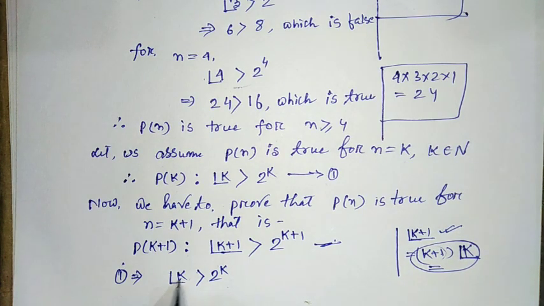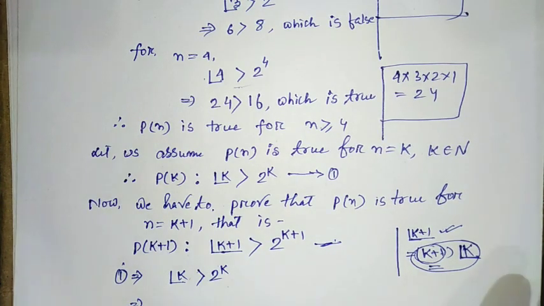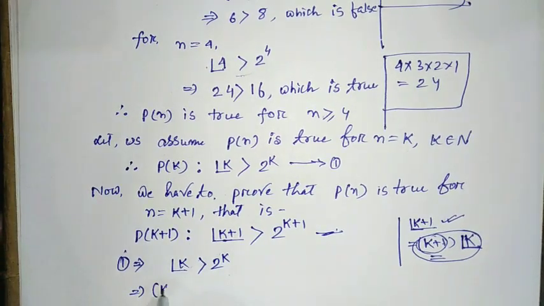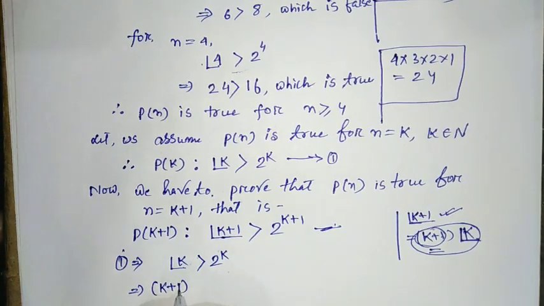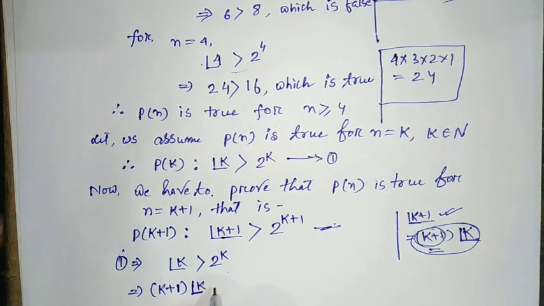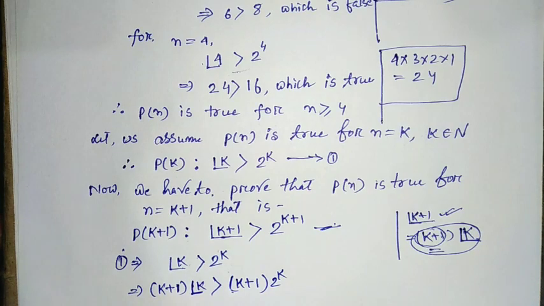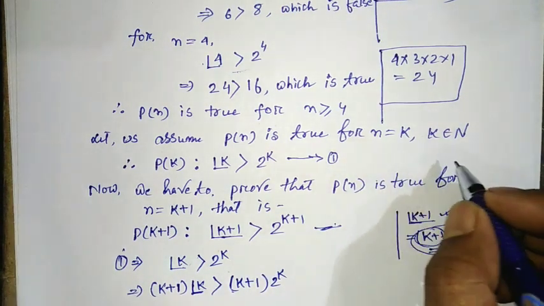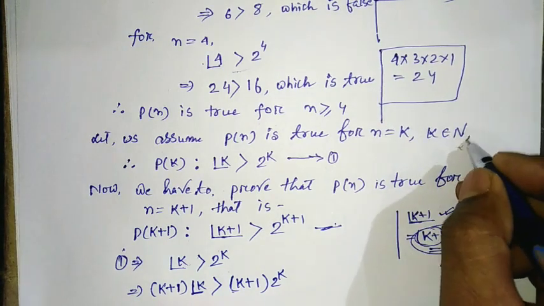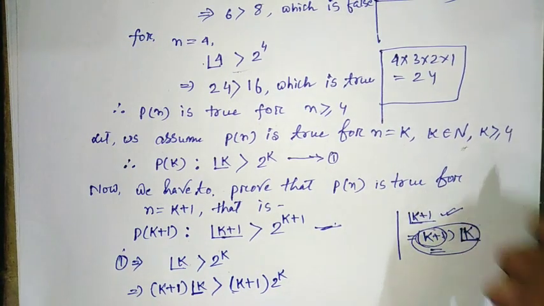So if we multiply both sides by k plus 1, k plus 1 into factorial k is greater than k plus 1 into 2 to the power k. Yes or no? Here you will write one line: k belongs to n and k must be greater than or equal to 4.